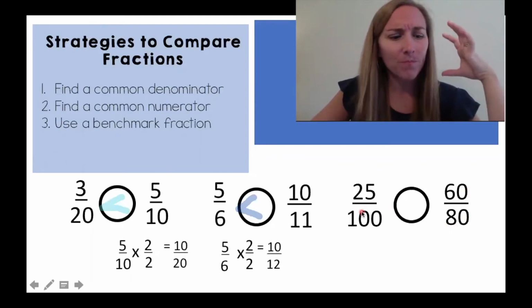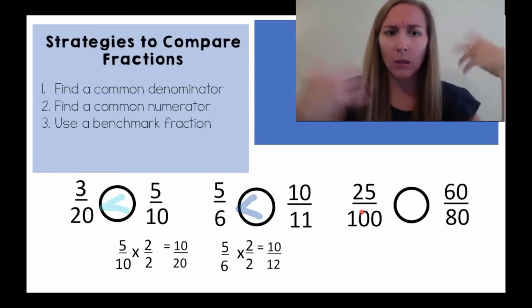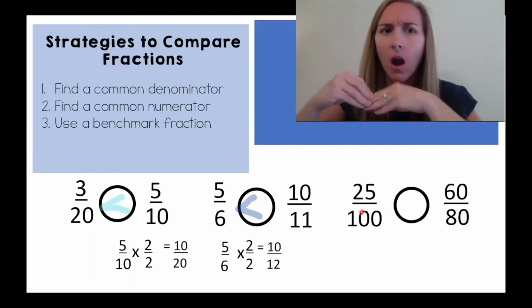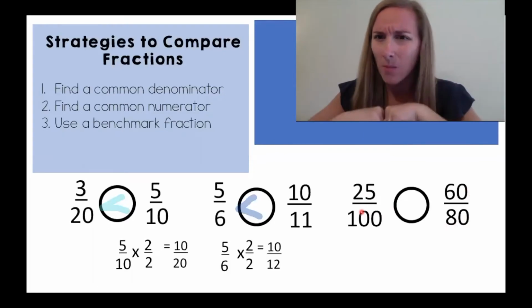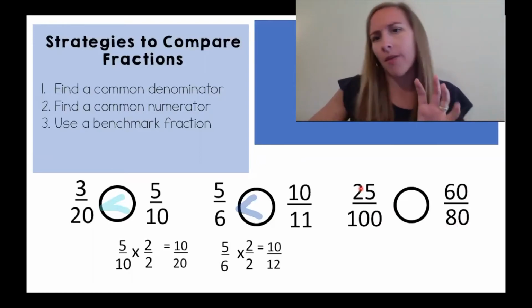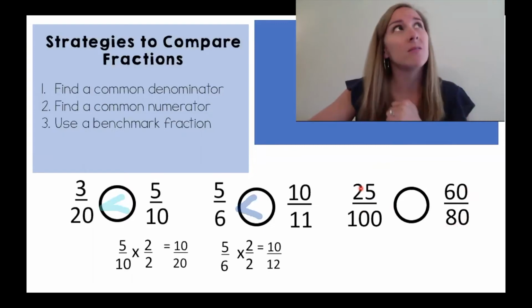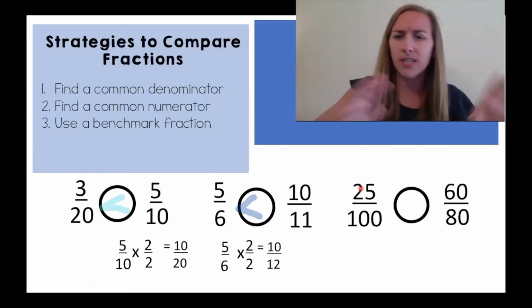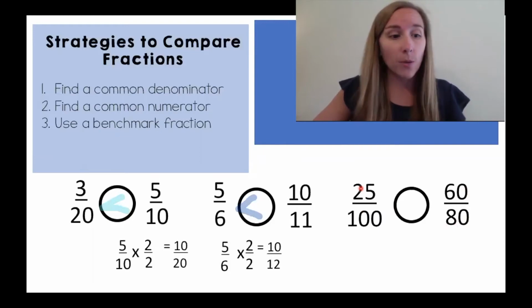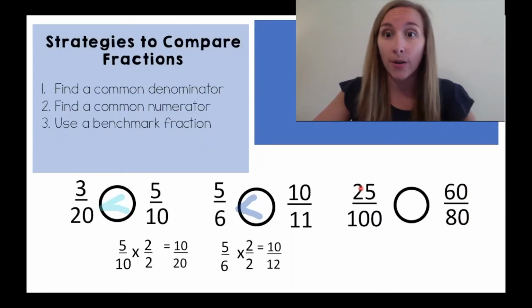They're pretty large denominators, not a lot of common multiples that we could find a common denominator. Even with my numerators, they're not working well together. I can't multiply 25 times something to get 60, or 60 divided by something to get 25. So in this case, it might be your best bet to use a benchmark fraction.